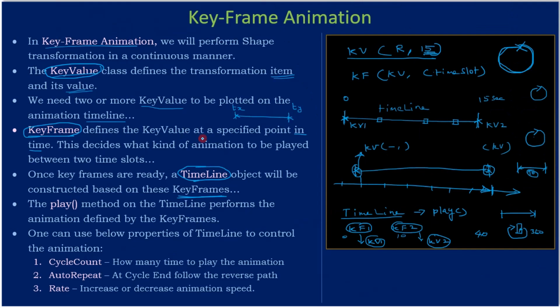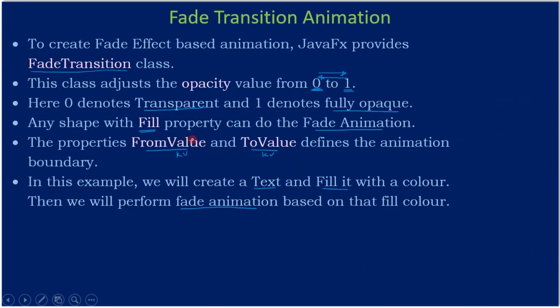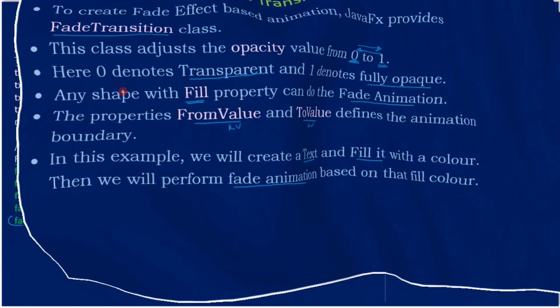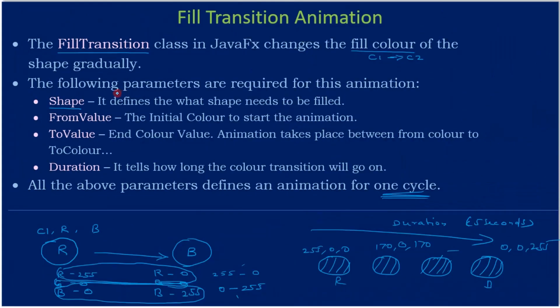So we started this subseries with the keyframe animation. Then we started with the transition series. So we use fade transition for doing the blink kind of animation by animating the opacity property. After that, we talked about fill transition that is helpful to animate the color change on the object.